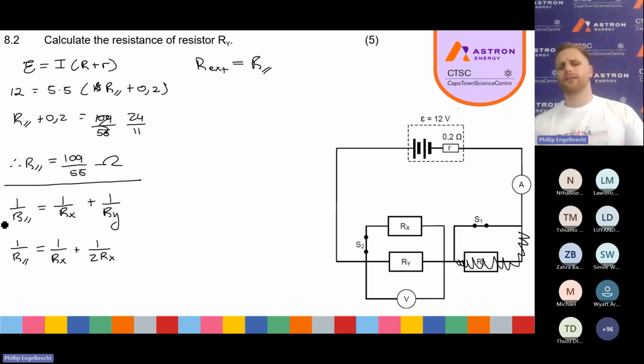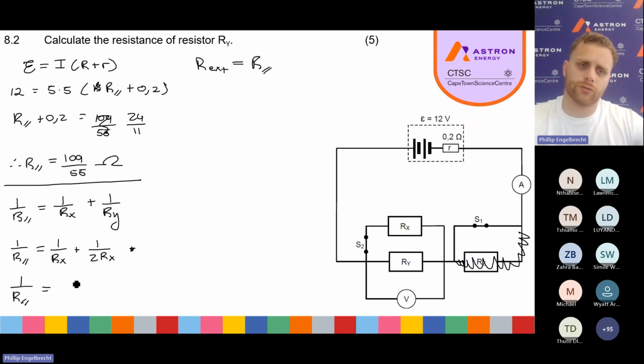Now, I know some of you guys get taught the resistance in parallel is product over sum. Guys, that only works if you have two resistors in parallel. If you have a situation with three resistors in parallel, that equation doesn't work. So I prefer this one where you do it the long way. If you solve this, you get that 1 over R parallel is equal to 3Rx divided by 2Rx squared.